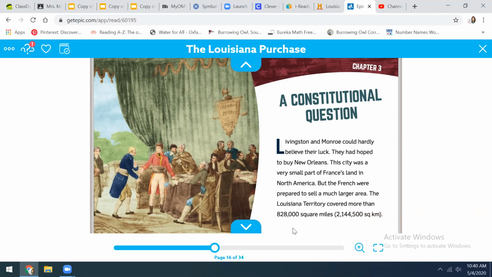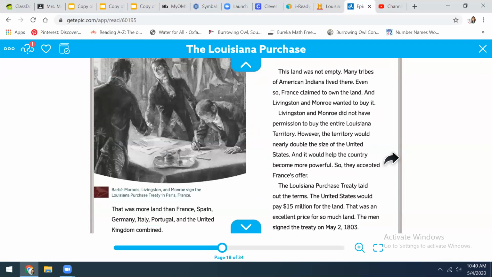The Louisiana territory covered more than 828,000 square miles. That's 2,144,500 square kilometers. That was more land than France, Spain, Germany, Italy, Portugal, and the United States combined. It was like a huge deal.